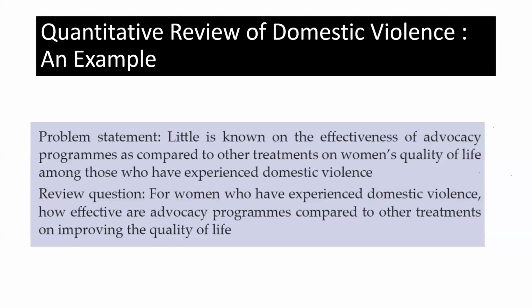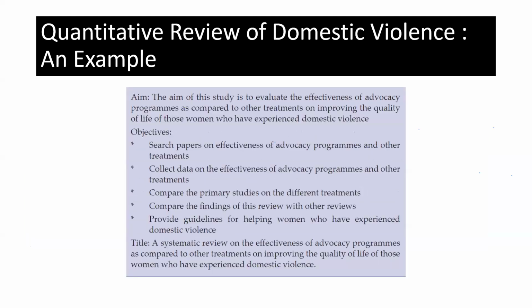Immediately, if you ask such a social science question, you have in your mind that there should have been some advocacy going on, and we have to look at what was the effectiveness of advocacy programs as compared to other interventions improving the quality of life for women.